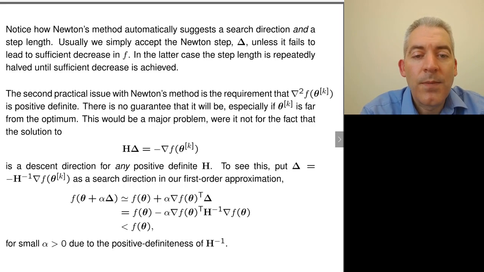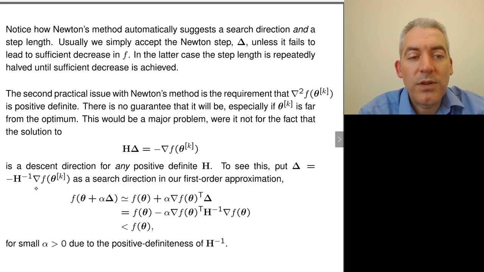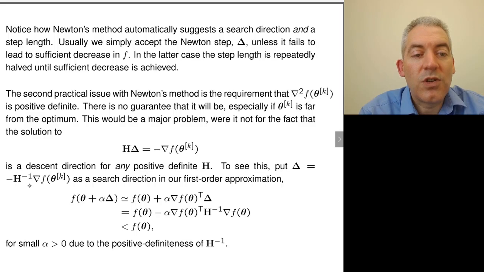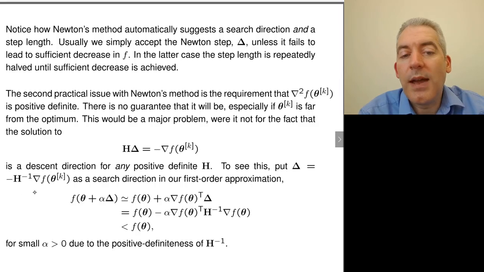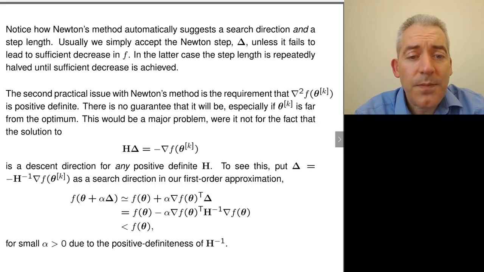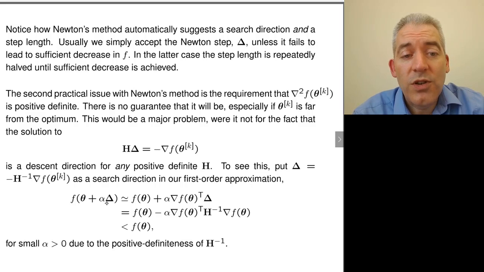To see that, you just say, okay, put our search direction as the solution of this linear system, and let's see what we get. We're going to search in the direction delta, but we're only going to move an amount alpha. If we do that, we just substitute in for delta. What we find is that because of the positive definiteness of H, H inverse is also positive definite, and so this is guaranteed to be positive.